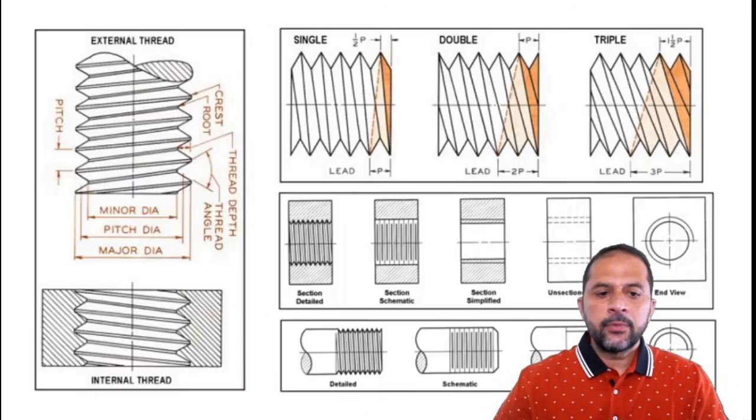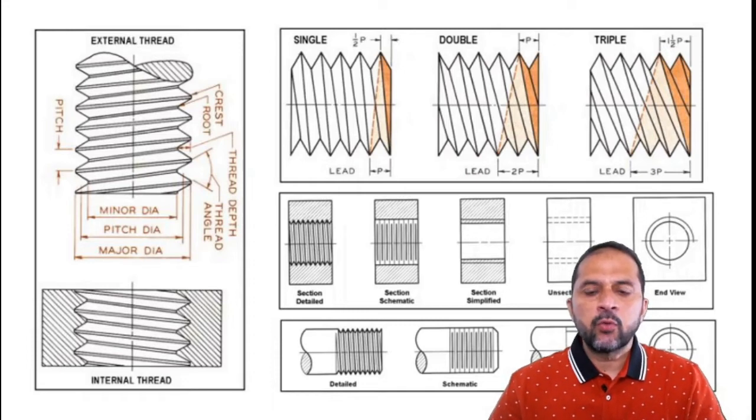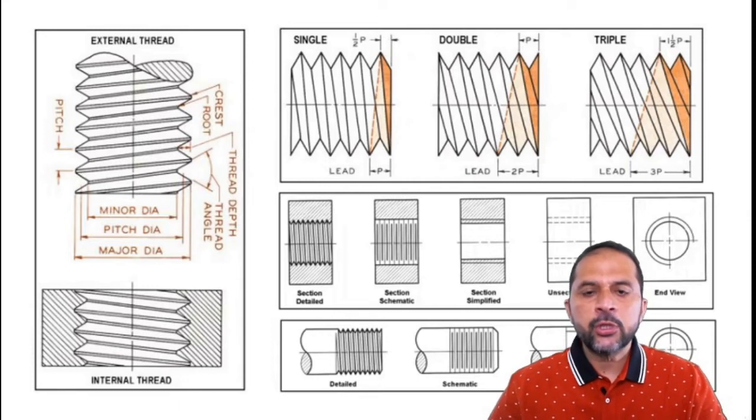These are the nomenclatures that a student should know before we move on to the actual drawing of threads. You just have to sketch them proportionately; there are no dimensions. This sheet is just for the understanding of the students, and we have already finished this in the first unit also.